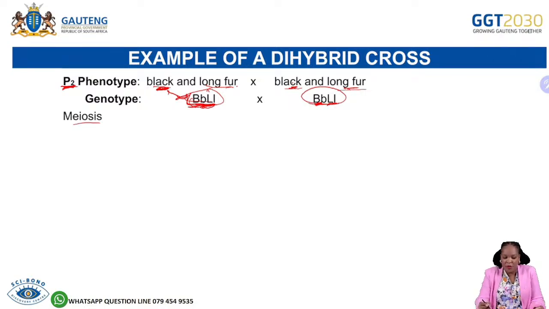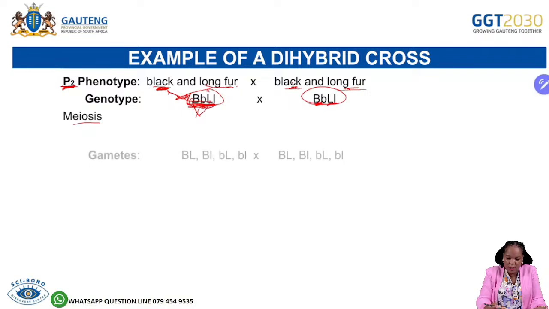Unlike with the monohybrid crosses, where you just separate the gametes here, with dihybrid crosses you must work out all the possibilities. Hence, you need to do a cross like this. You see, the first one with the first one here. Let us take a look at them.